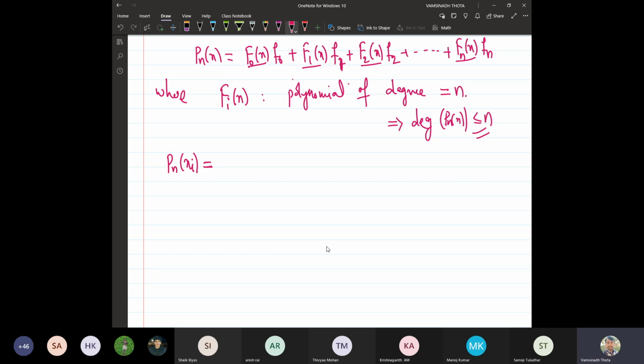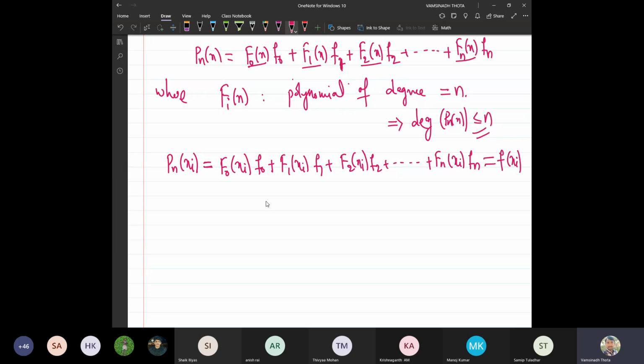According to the assumption, it is equal to capital F0 at xi times f0 plus capital F1 at xi times f1 plus capital F2 of xi times f2 plus and so on plus capital Fn of xi times fn, which is further equal to, since xi is a nodal point, the value of the polynomial at this nodal point must be equal to the value of the function at that point.